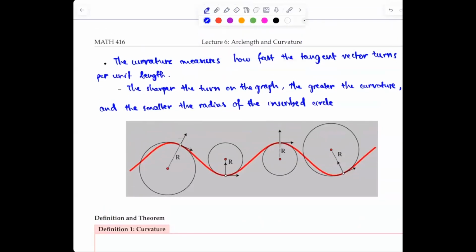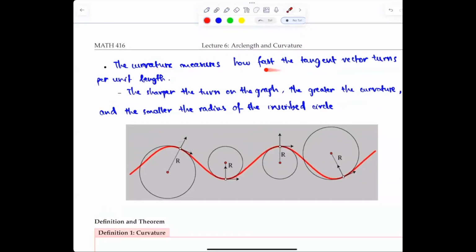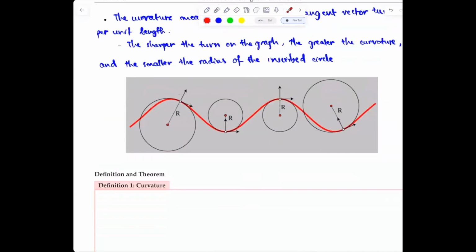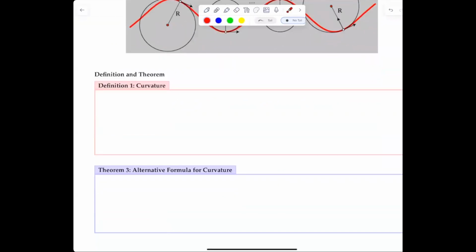Okay, so now I'm going to use this statement right here: the curvature measures how fast the tangent vector turns per unit length. And I'm going to put that in the definition.